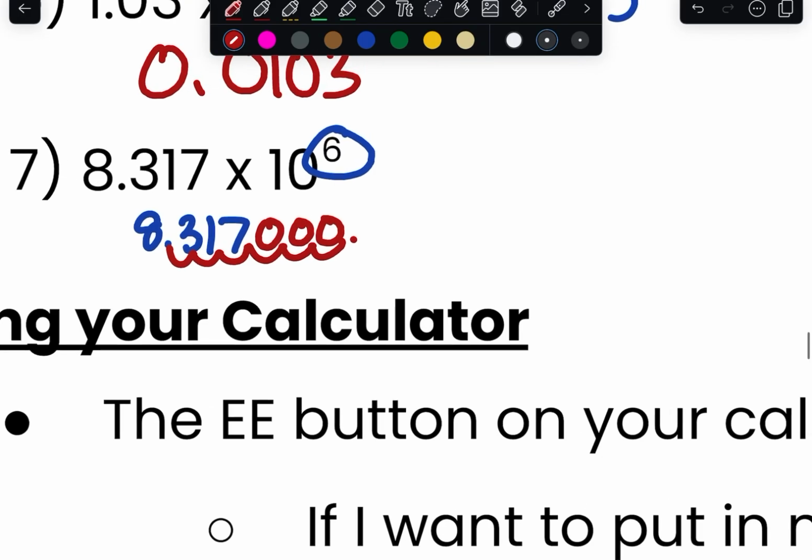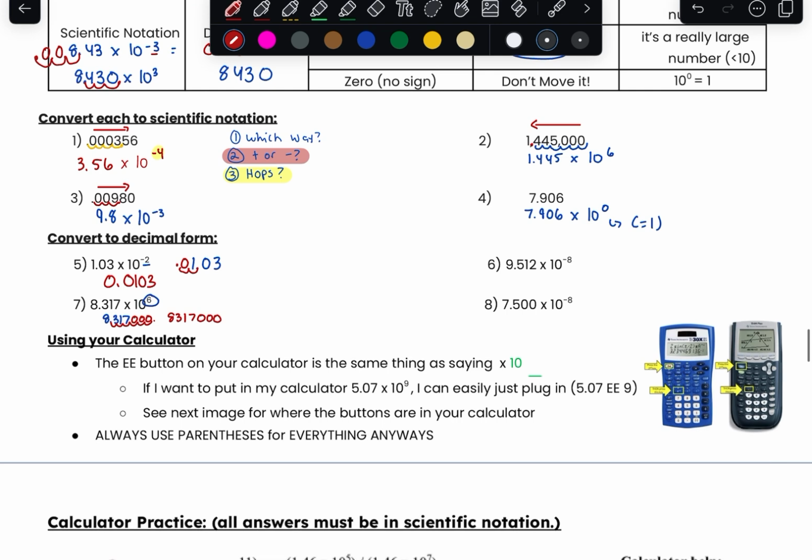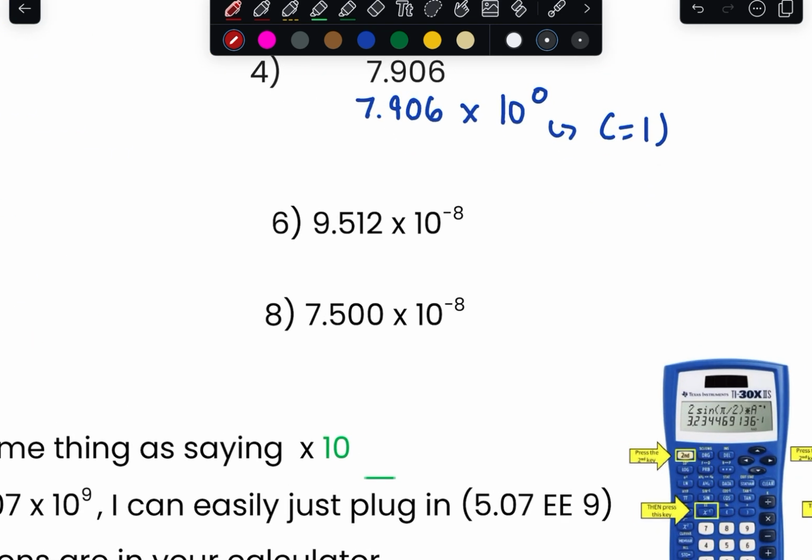Decimal is after the last cradle. So this new number will be 8317 and 123 zeros. All right, you go ahead and try, and then I'm going to post the answers to these ones after you're done trying. So pause this video and give it a go.